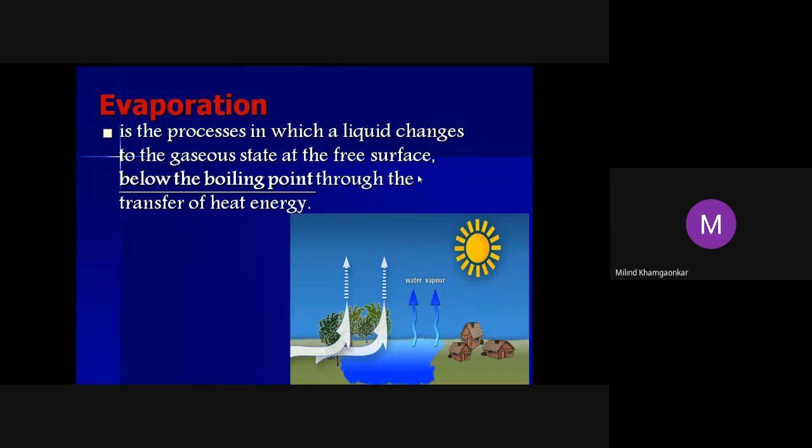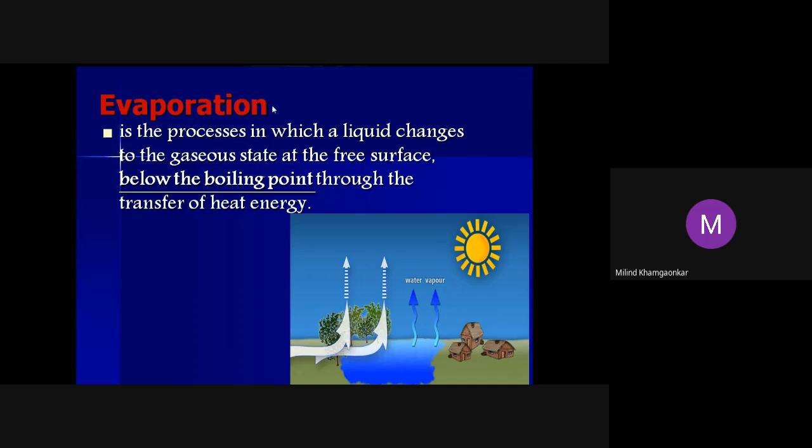The next point is very important, that is below the boiling point. Because what we have seen is that water converts into vapor when it is boiled, meaning when the temperature is more than 100 degrees Celsius, then the water converts to the gaseous or vapor state.